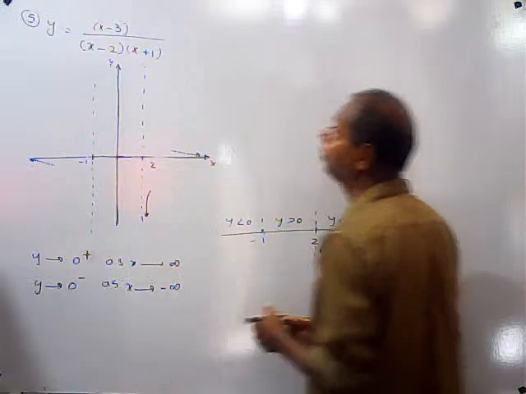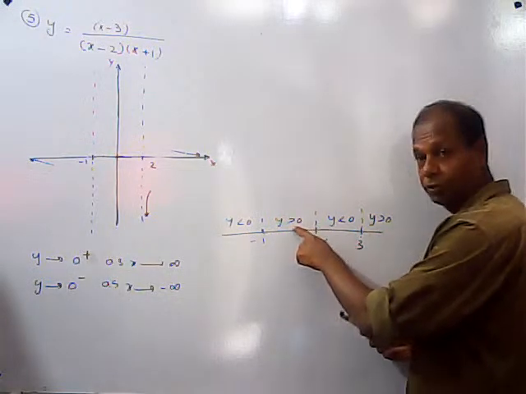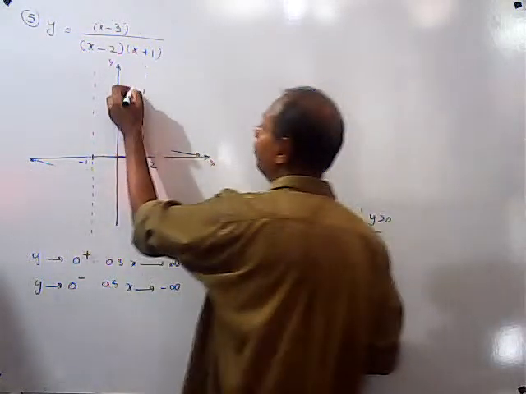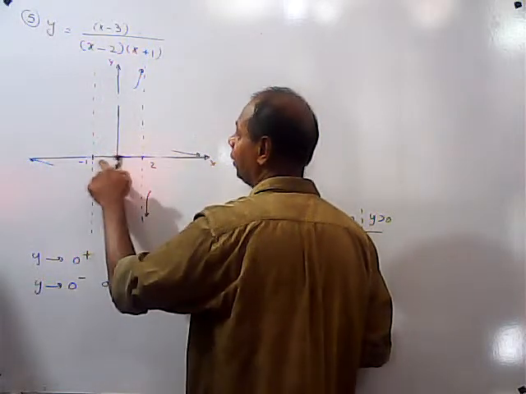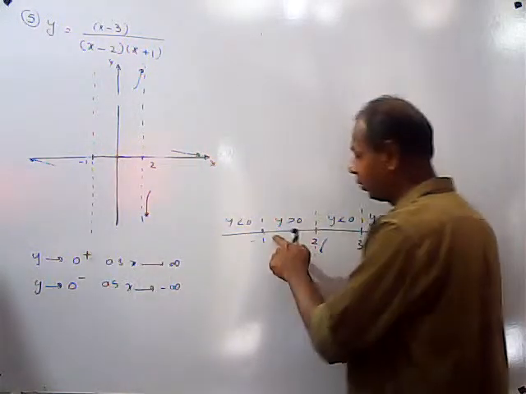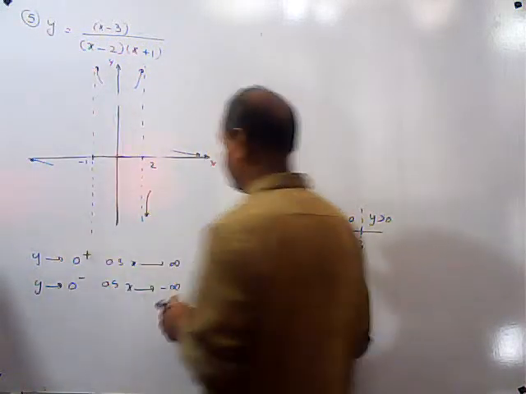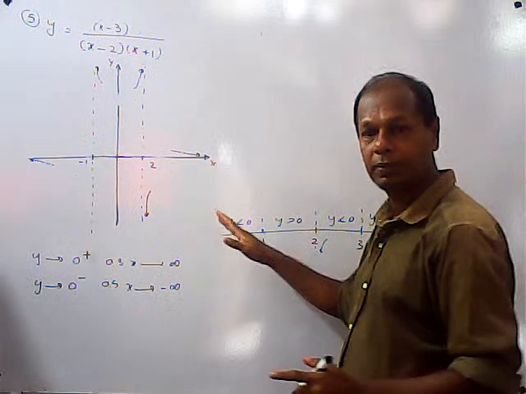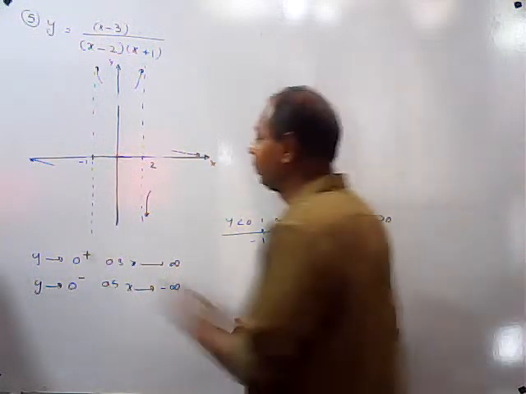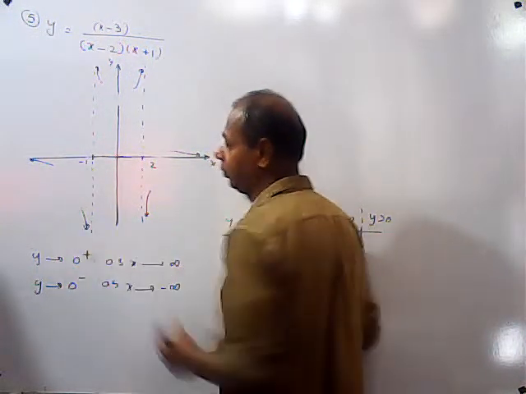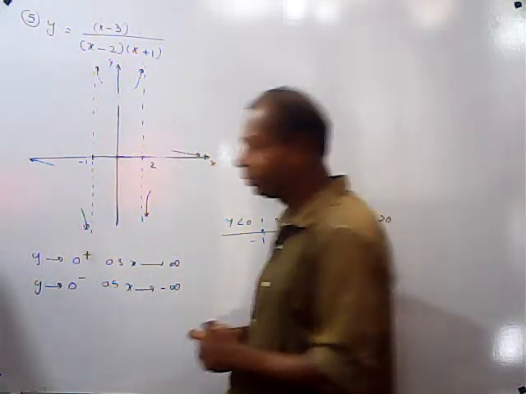Just left of 2, y is positive, so it will go to positive infinity. Close to -1 on the right, y is positive, so it will go to positive infinity again. On the left of -1, y is negative, so it will go to negative infinity.